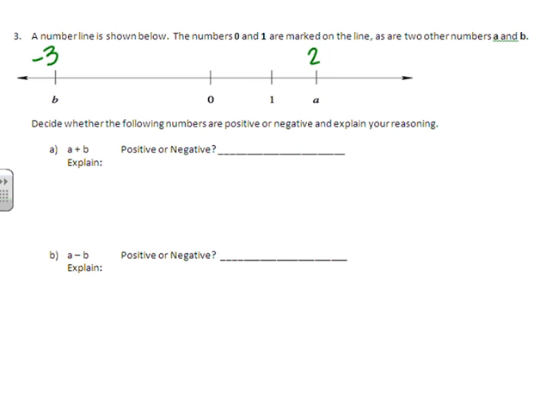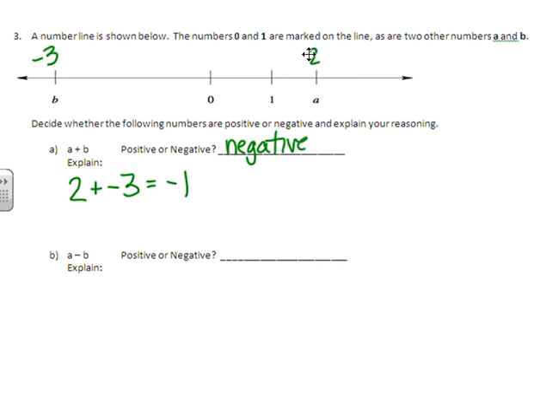Okay, part A, I'm going to do A plus B. 2 plus negative 3 is negative 1. So my answer is negative. And then for the explanation, I'm not going to write everything. I'm just going to talk about it.